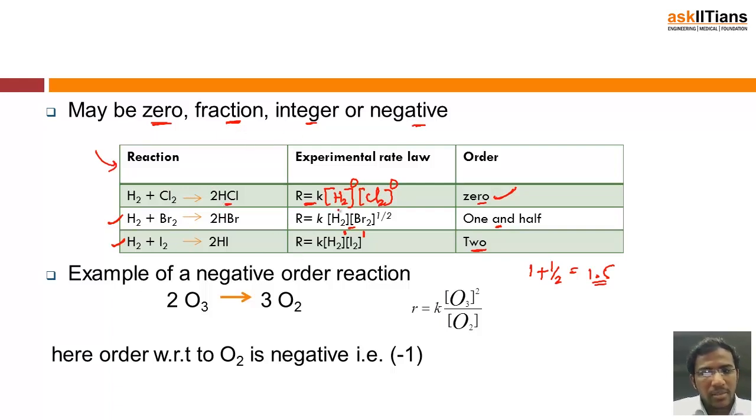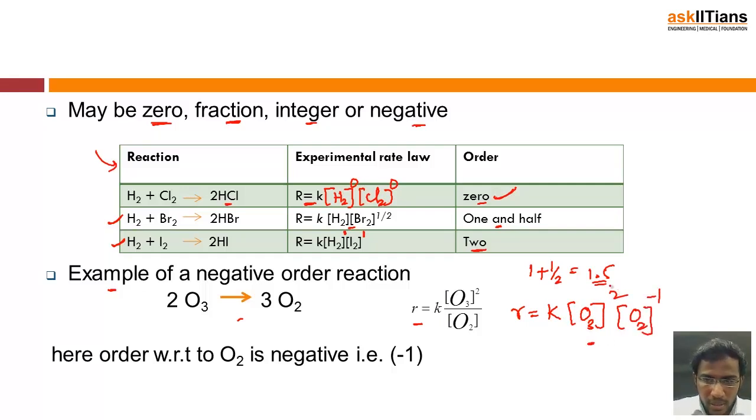And in some cases order can be negative also. One such example is the conversion of ozone into oxygen. For this reaction, this is the rate law expression, and you can also write it in this way. Rate is equal to K into O3 square O2 power minus 1.